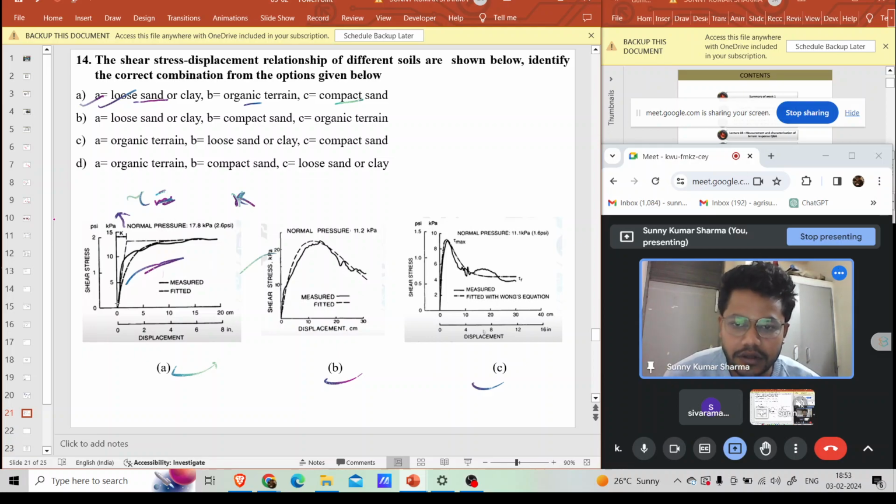In this case, tau max is here, meaning shear stress developed takes its peak at this point. So in the case of loose soil, you have to draw one tangent at the start of the slope and one tangent at the end of the slope, where they meet is the displacement. The displacement is called K, or shear modulus of deformation. And in this organic terrain, this is tau max, when the shear stress is maximum.